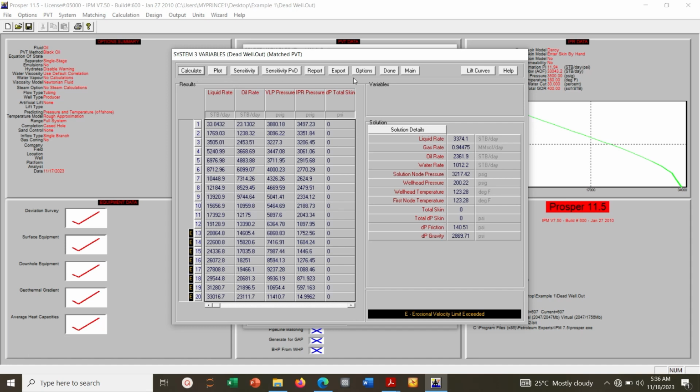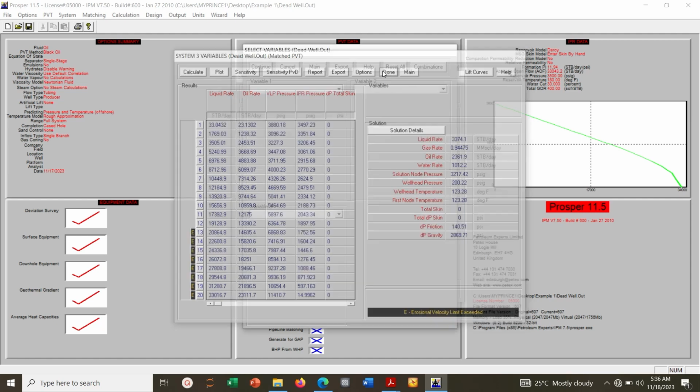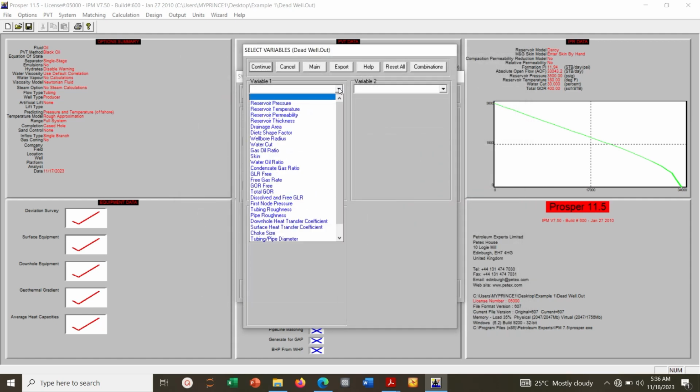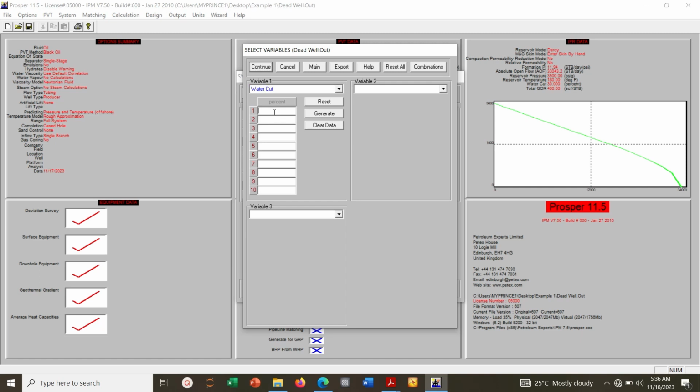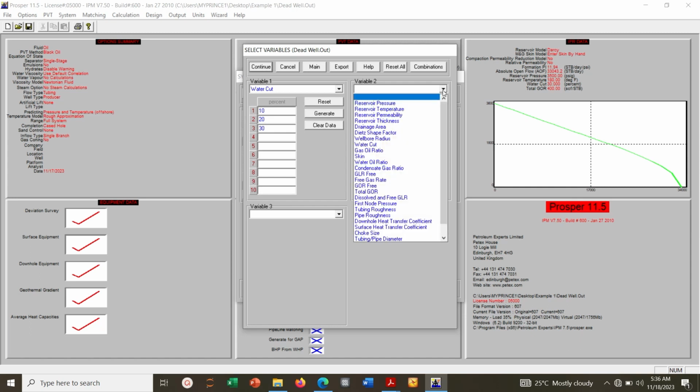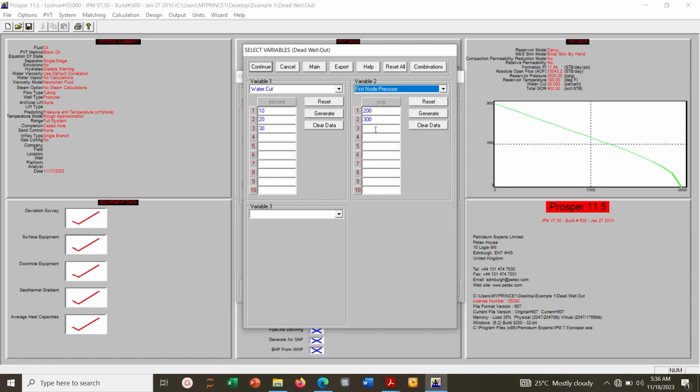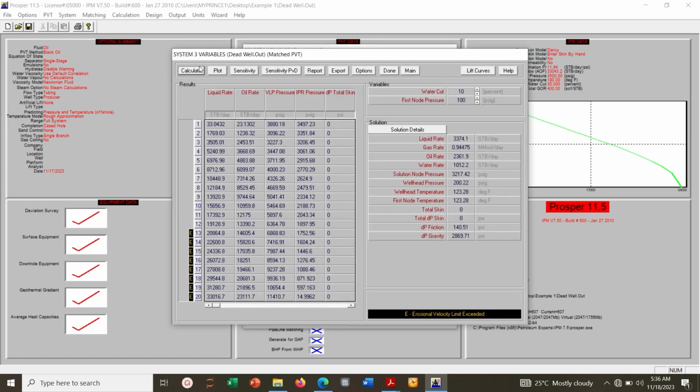Another thing we can do is to reduce the water cut. If we reduce the water cut, or minimize the water cut, and then the wellhead, let's run and see.